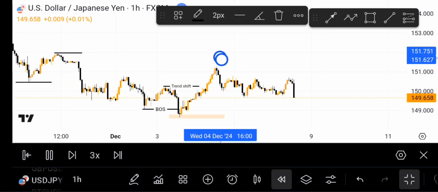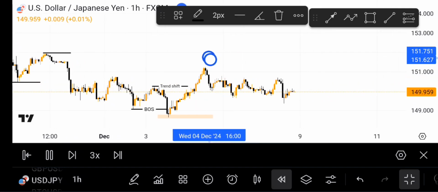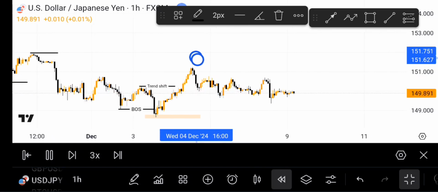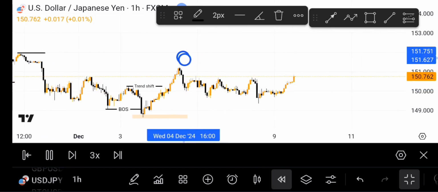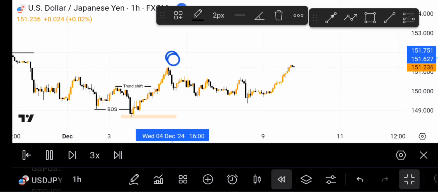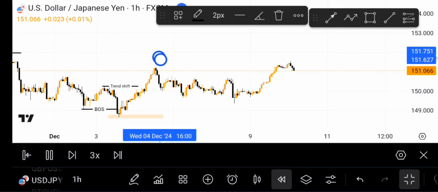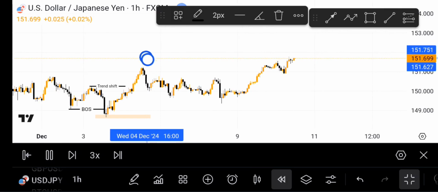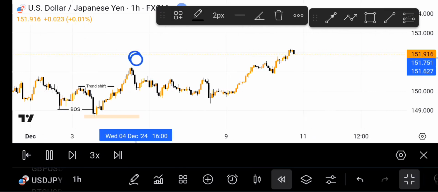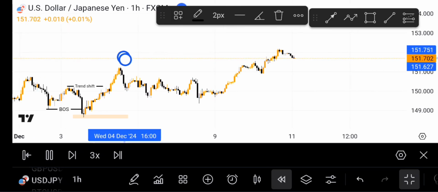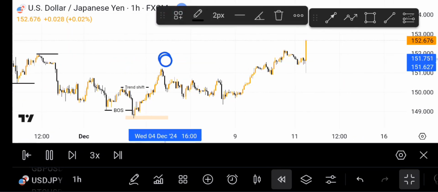Of course, we're gonna get a continuation because the market has already represented to us that it wants to trend to the upside. And you can see we already have another break of structure, and the market just continue trending to the upside as it did indicate to us.